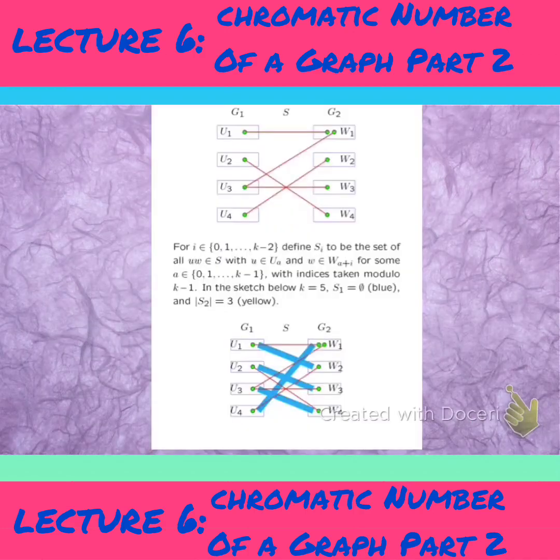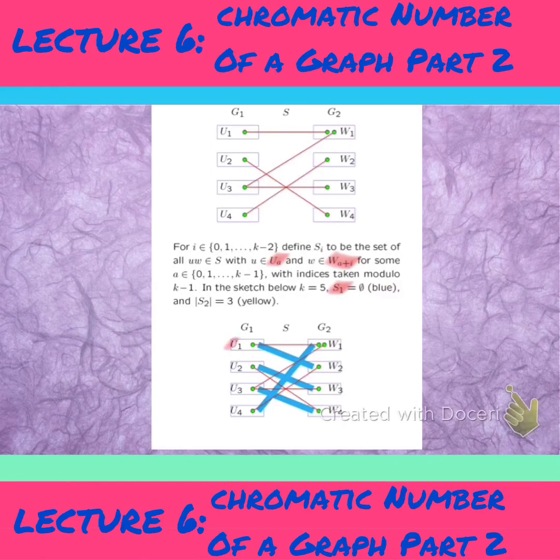Right, so if you look at the special case where k minus 1 is equal to 4, then if we look at S1, you count all the edges between U_A and W_{A+I}, and remember you're taking that mod k minus 1.